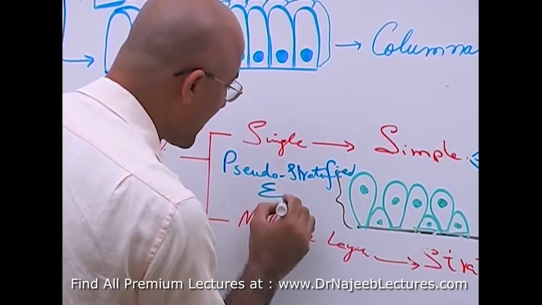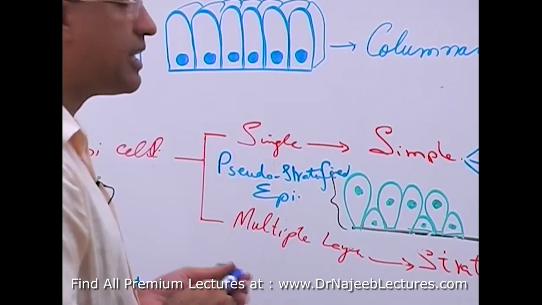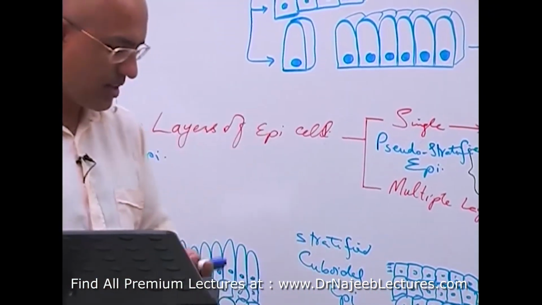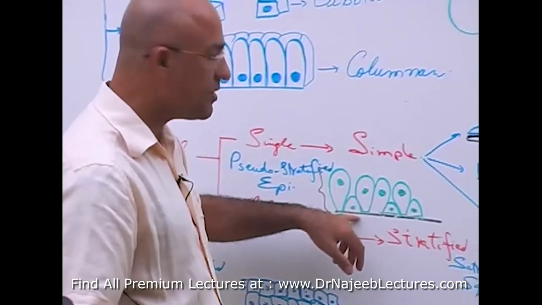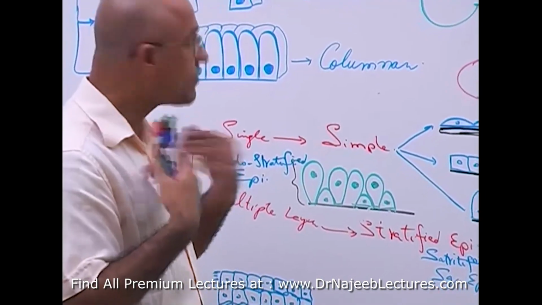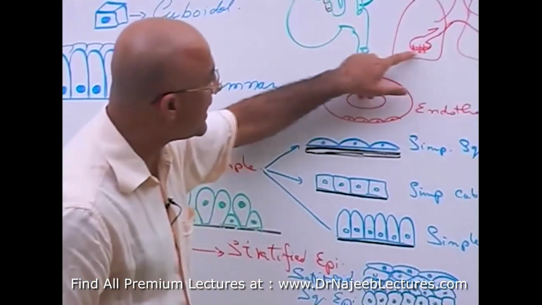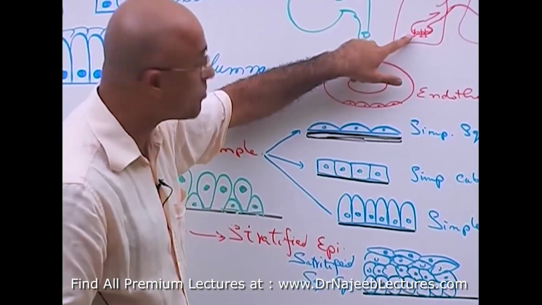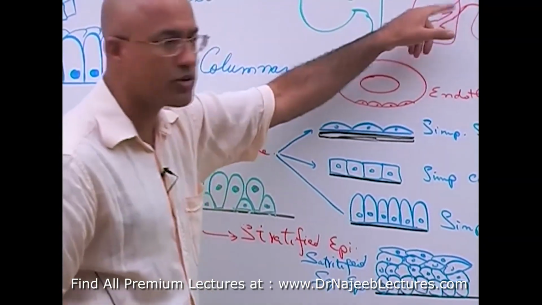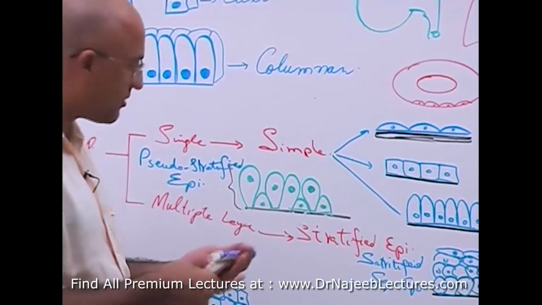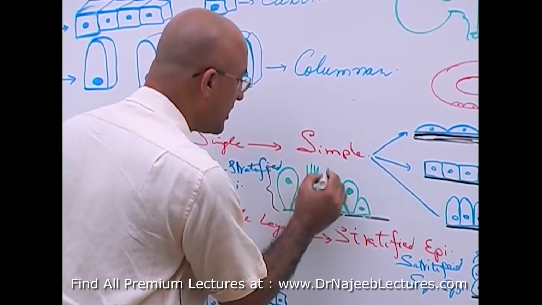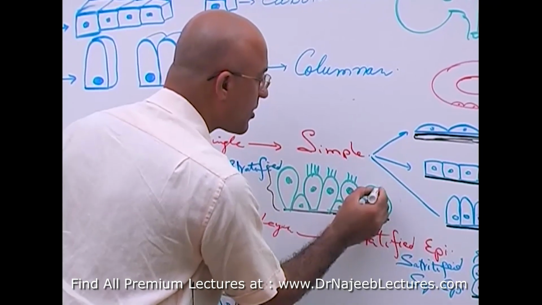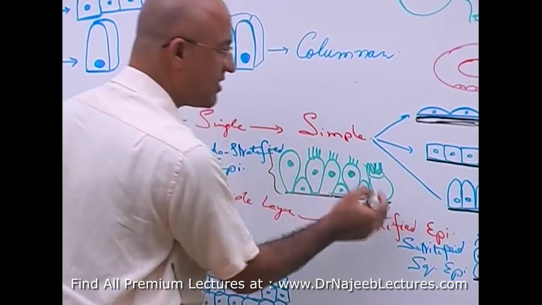Pseudo-stratified epithelium is found in the trachea, right, and the respiratory conducting pathway. In the respiratory system, at the end, in the exchange area, there is simple squamous, but in the upper part this is pseudo-stratified epithelium, which usually also has cilia, and some cells which release mucus, mucus secreting cells, right?